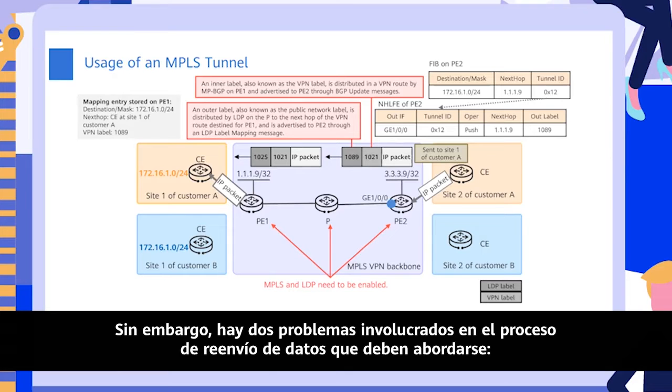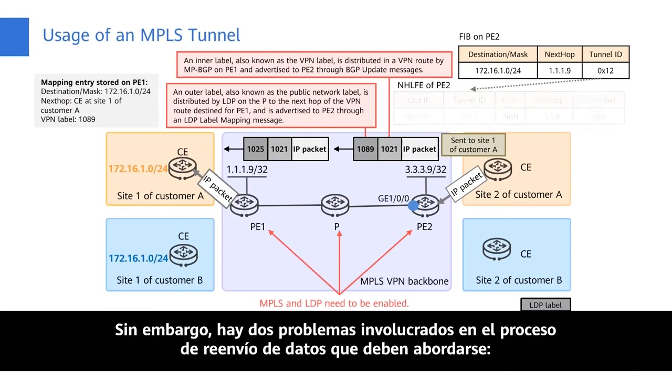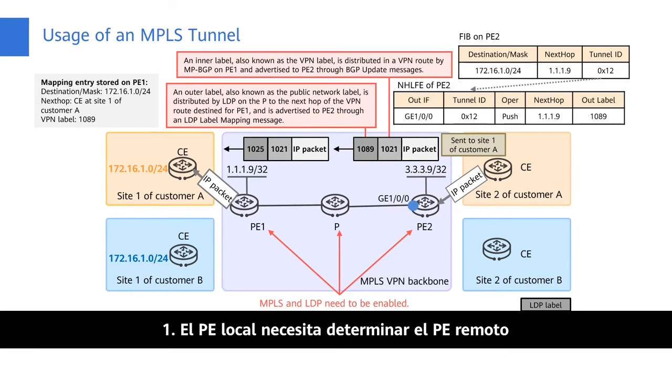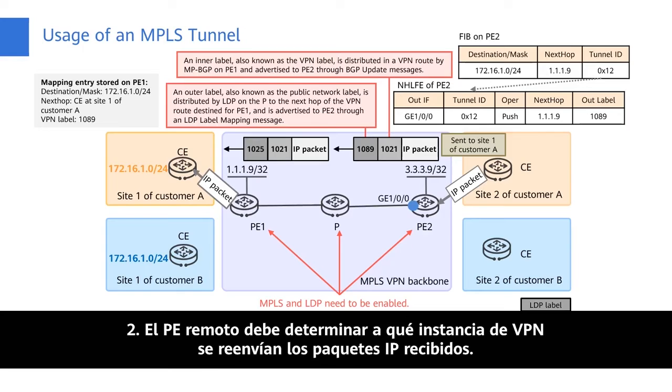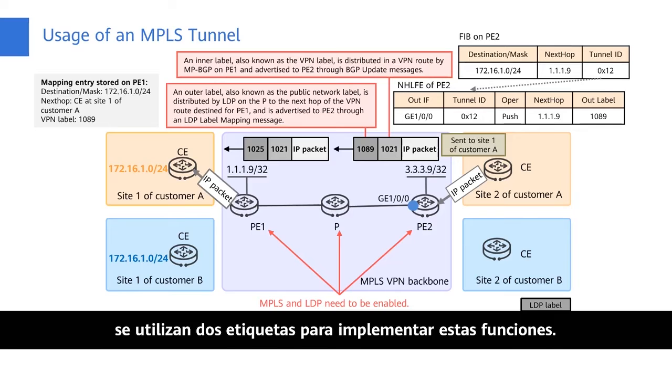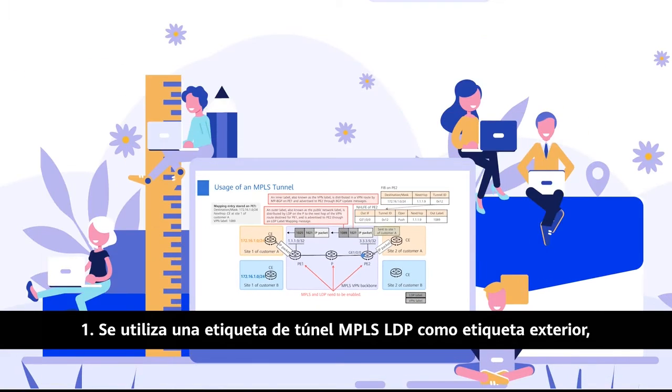However, there are two issues involved in the data forwarding process which must be addressed. 1. The local PE needs to determine the remote PE to which the IP packets of the VPN instance are sent. 2. The remote PE needs to determine which VPN instance the received IP packets are forwarded to. On an MPLS VPN network, two labels are used to implement these functions. 1.